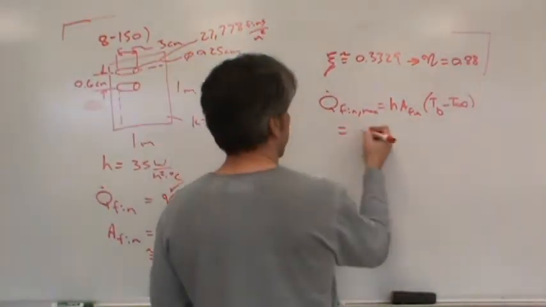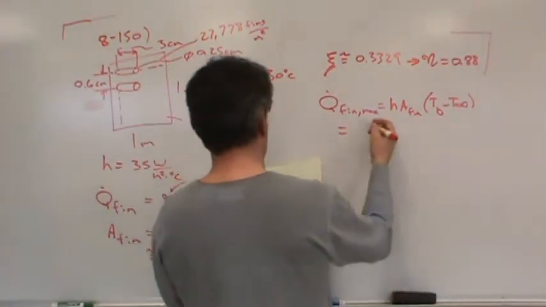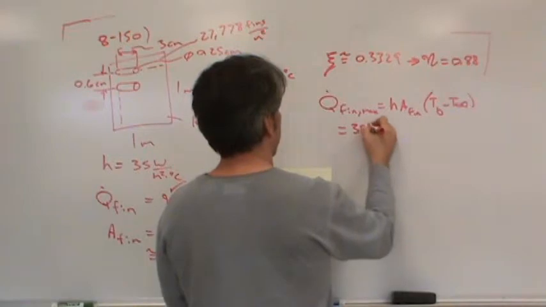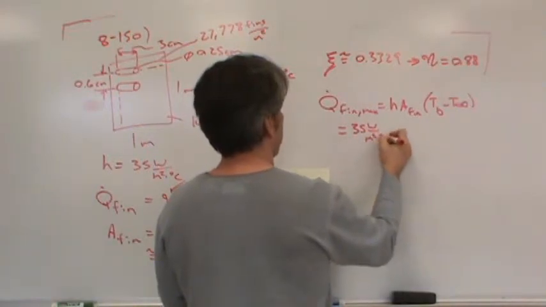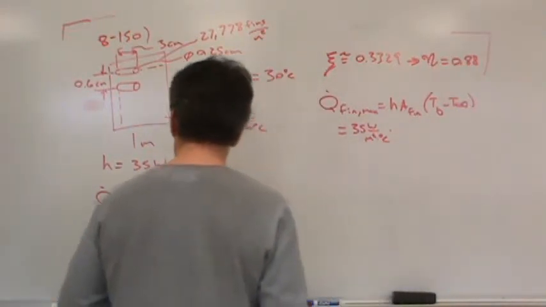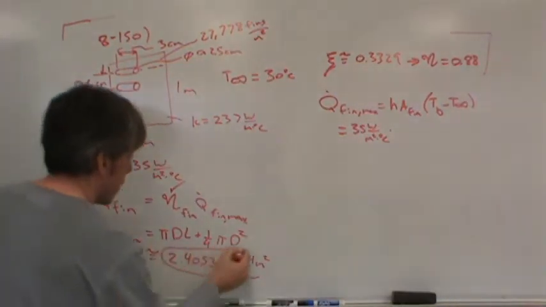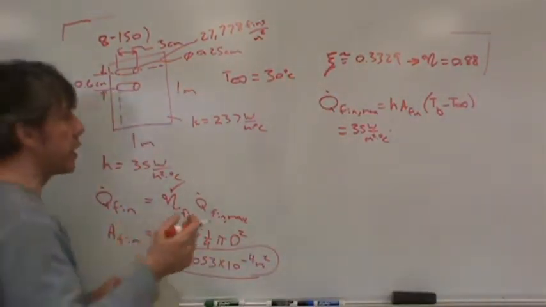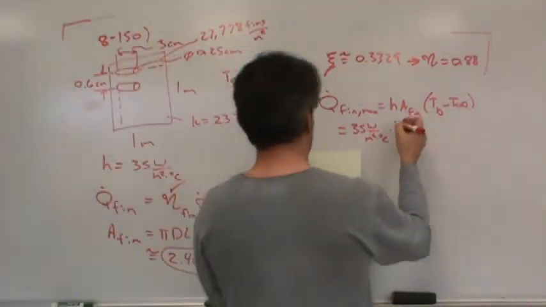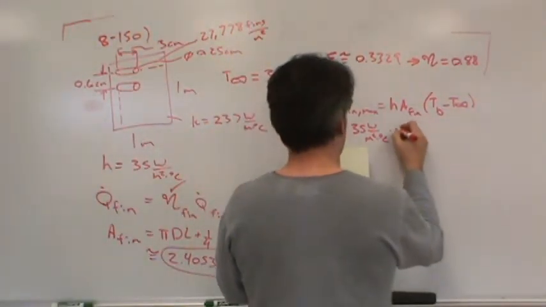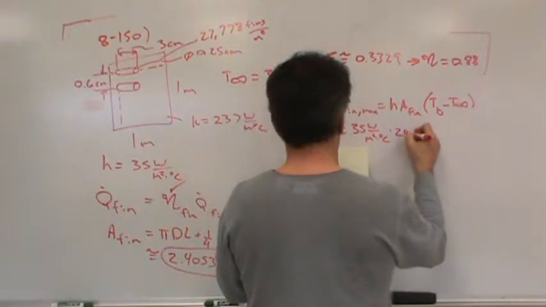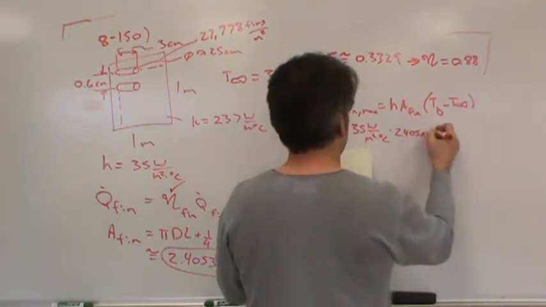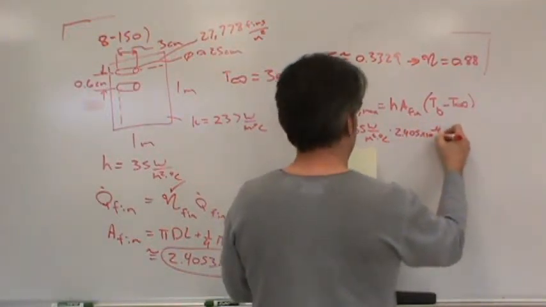And so if we plug in all the numbers, this is, again, 35 watts per square meter per degree Celsius. The area of the fin, notice we calculated that a while back, when we were just dealing with geometry. So we calculated the area of the fin, and that's 2.405 or so times 10 to the negative fourth square meters.